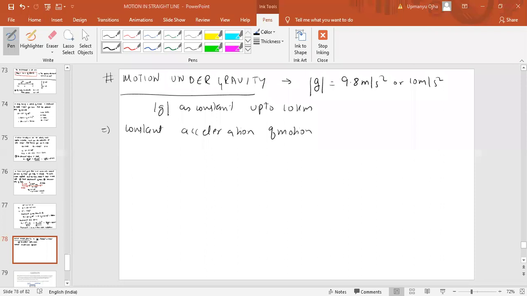Yes, we can apply all the equations of motion, like v equal to u plus at, second, x equal to ut plus half at square, and third, v square minus u square equal to 2ax. We can apply all the equations of motion in gravity.